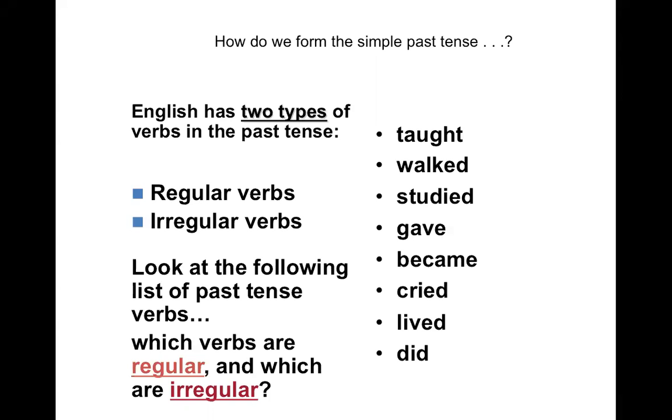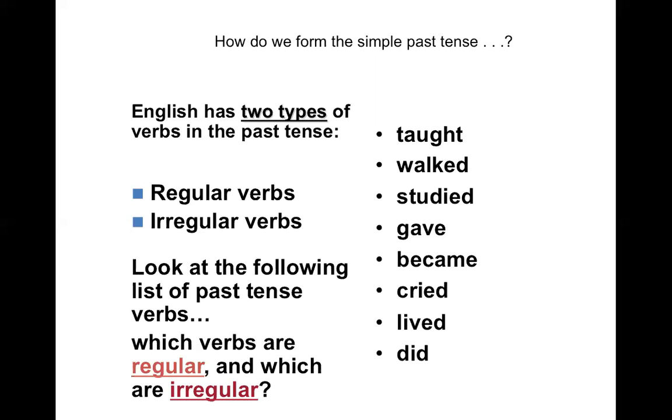Walked. Studied. Give, gave. Gave is the past of give. Give is the present. Gave is the past. Became. Cried. Cry is the present of cried. Live, lived. Do is the present of did.